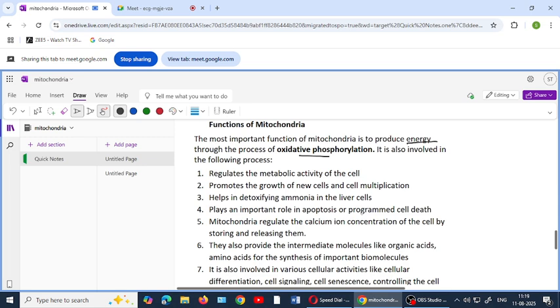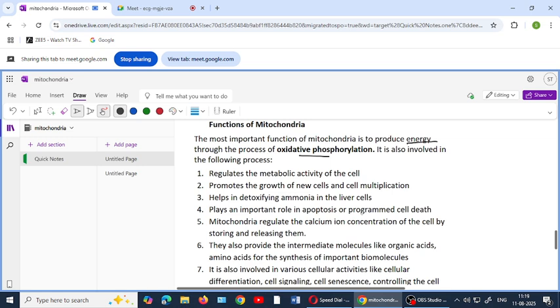Actually cellular respiration has 4 steps: glycolysis, oxidative phosphorylation, Krebs cycle, and ETC, which means electron transport chain. These are the 4 major steps in cellular respiration. This happens in the mitochondria and ribosomes. You will study those things in the coming chapters or next year.